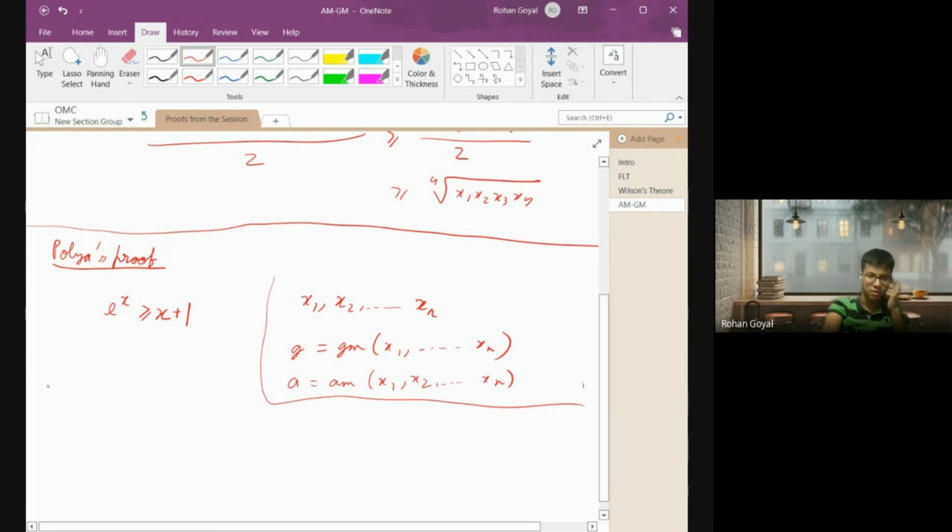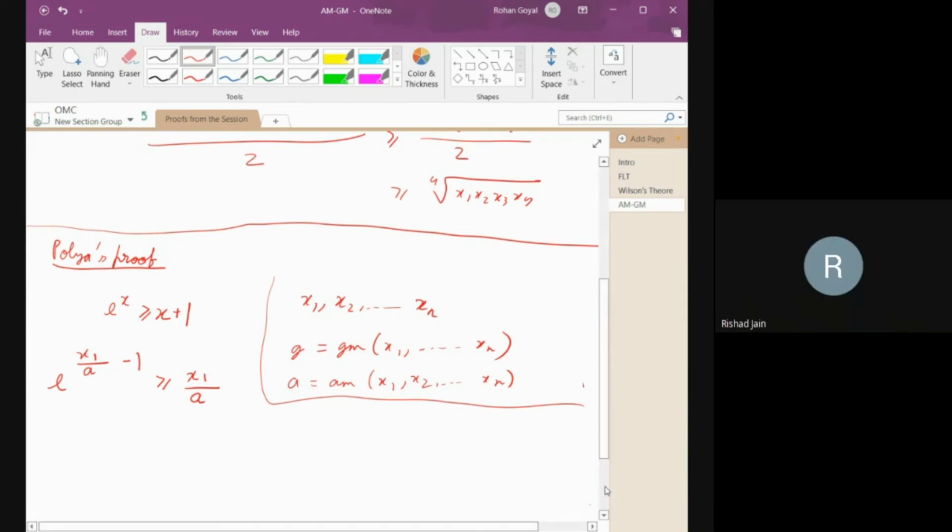Okay. So observe e to the (x1 by a minus 1) is greater than or equal to x1 by a. Yes?